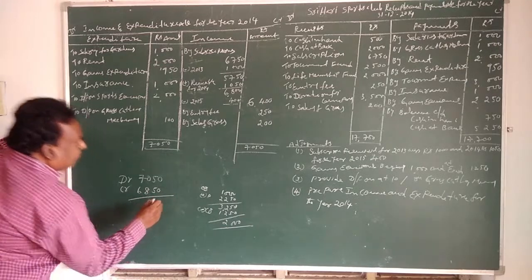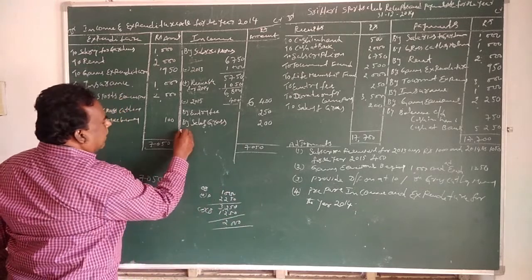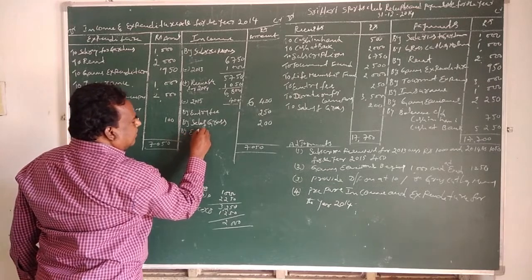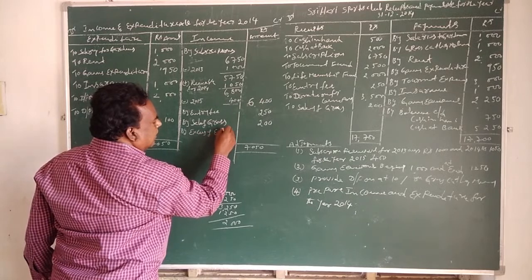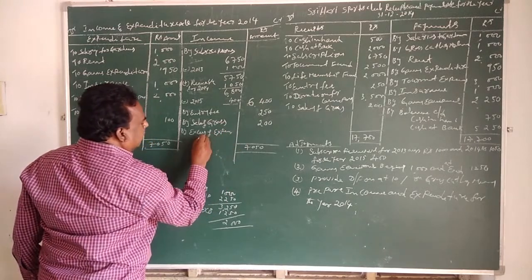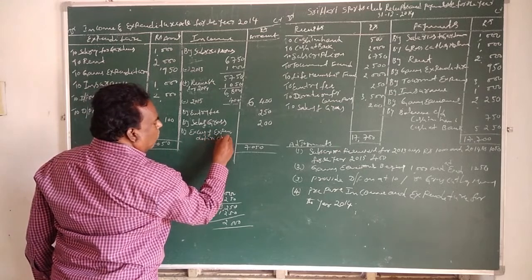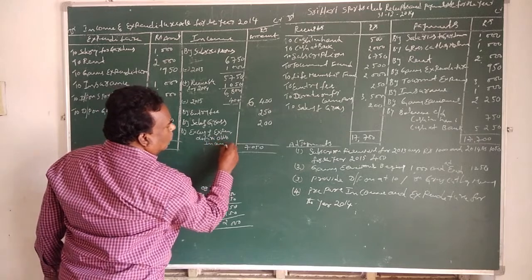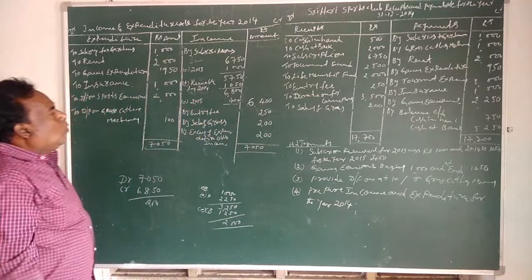6,850. Deficit here, debit balance is more than credit balance. So by excess of expenditure over income 200 only.